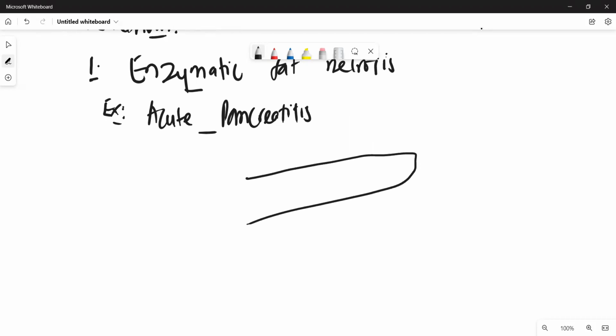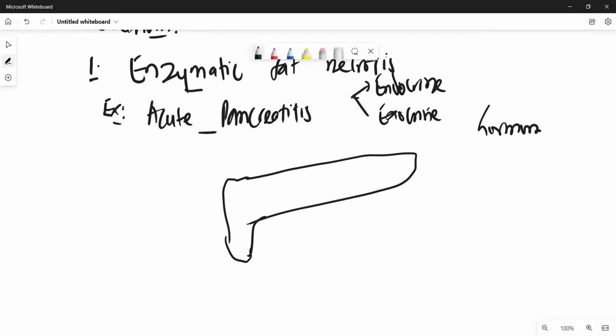As we all know, the pancreas has what we call the endocrine function, and then we have the exocrine function. The exocrine ones are the enzymes that are released into the GI system, right?